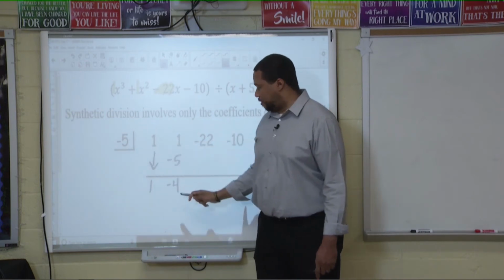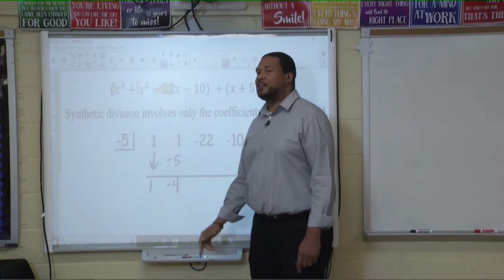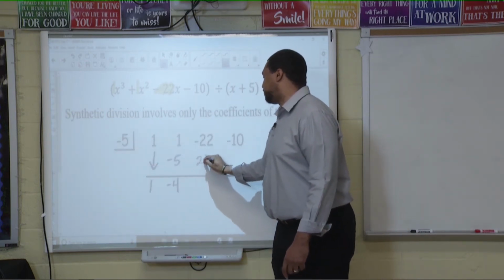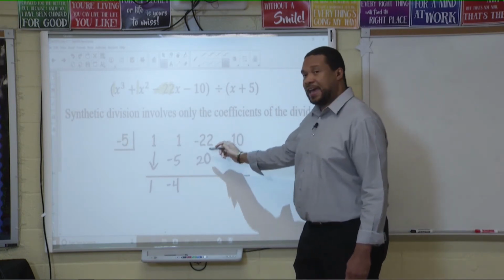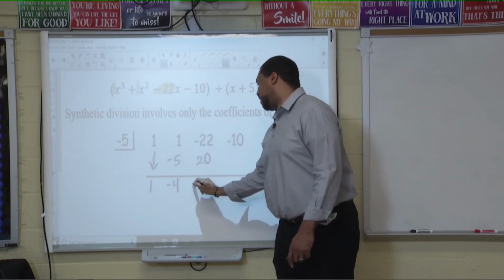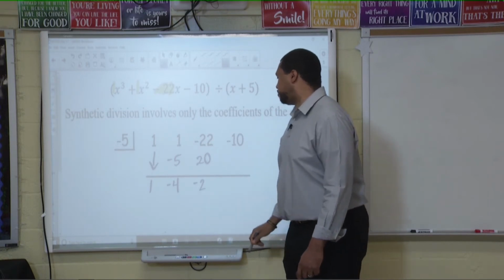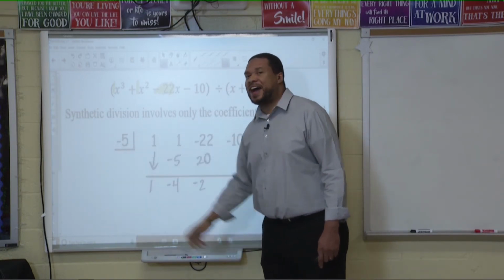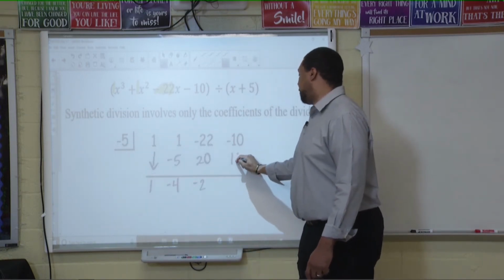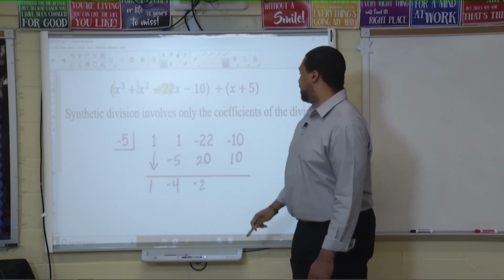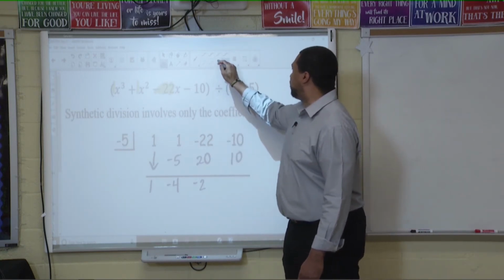Same situation. Negative 4 times negative 5 gives us 20. Add, that's negative 2. Negative 2 times negative 5 is positive 10. Add, and that is 0.